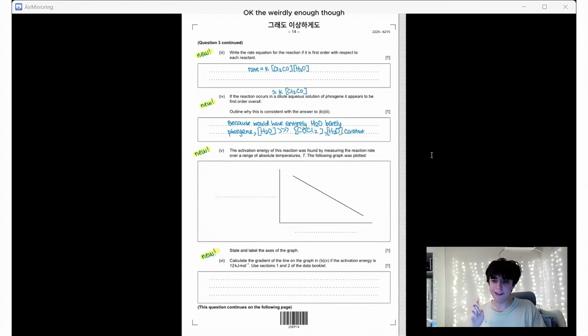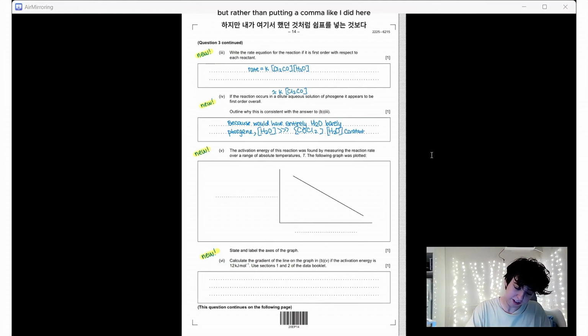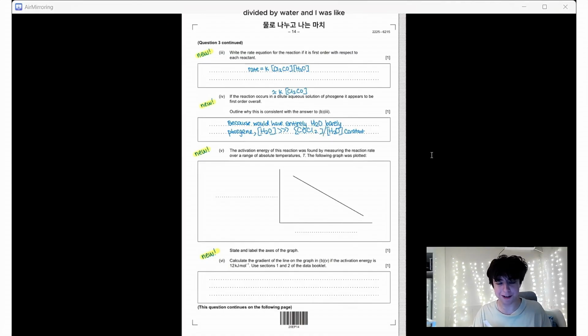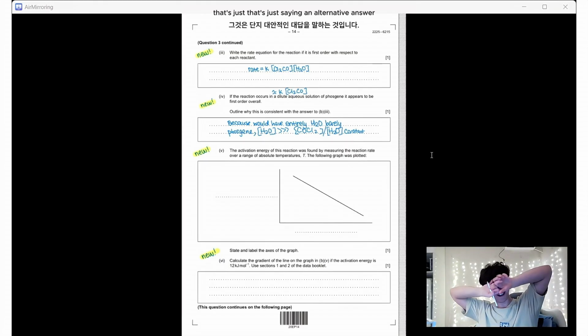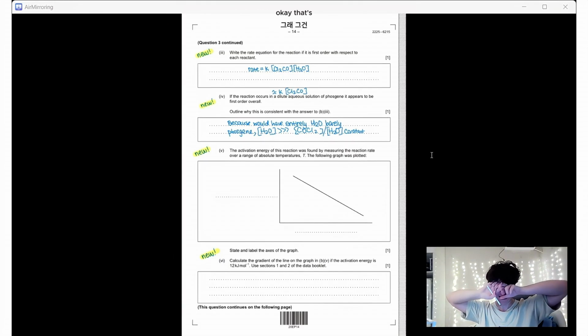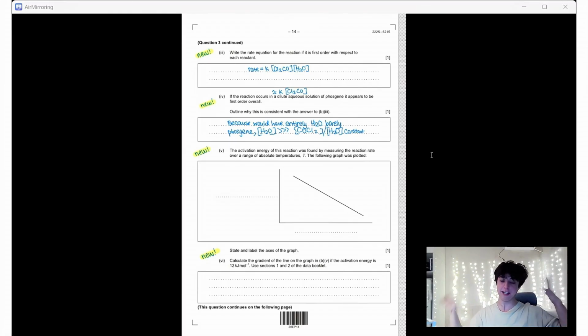Weirdly enough, the way they wrote this in the mark scheme is they have these two side by side, but rather than putting a comma like I did here, they put a slash. And so I initially read this as the concentration of water is greater than phosgene divided by water. And I was like, why would that matter? I was really confused. And then I realized, wait, no, that's just saying an alternative answer. Okay, that's weird. Anyways, that is that one.